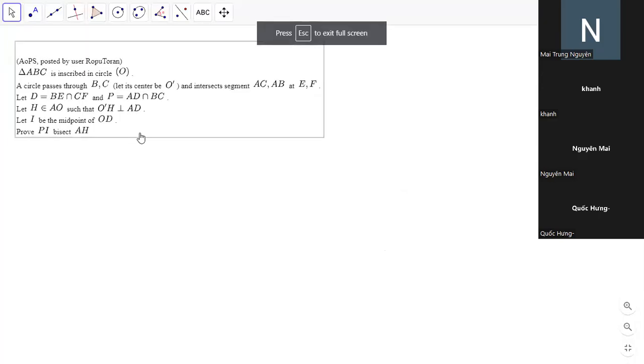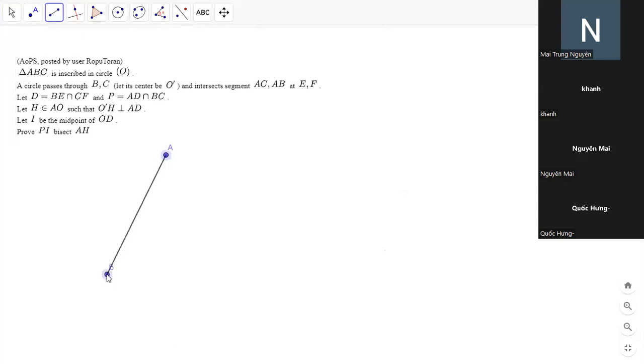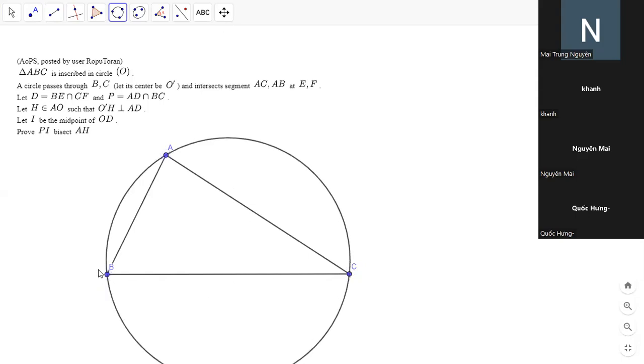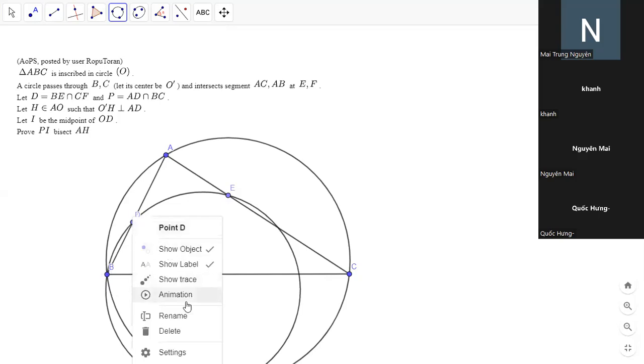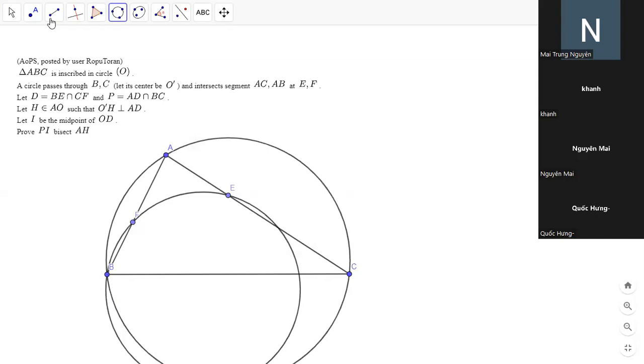So triangle ABC is in circle O. And then we have a circle passing through B and C, and it intersects AC and AB at E and F. So this should be F. I'm going to draw the centers later. So we have BE intersects CF, and that's point D.